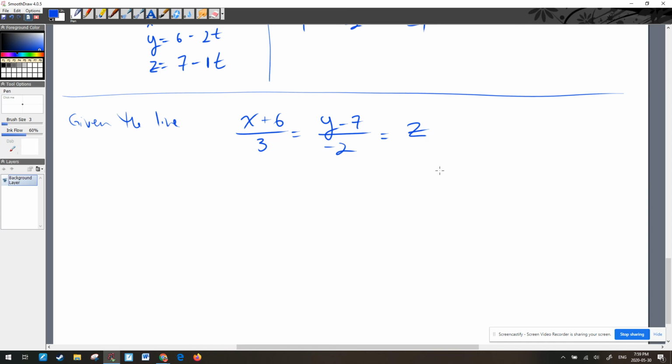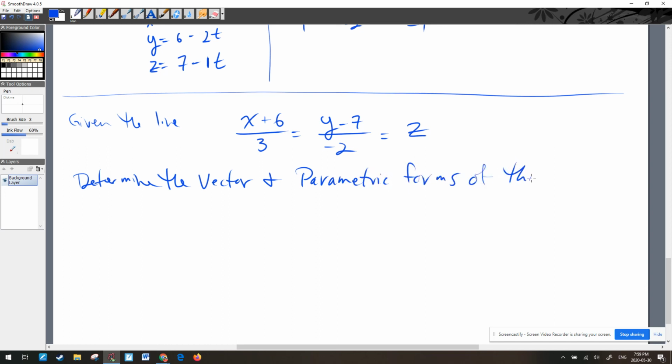So there it is. There's one form. Hopefully you can spot that is the symmetric form. I would like you to determine the vector and parametric forms of this same line, please. Okay, so go ahead, just pause it, give it a whirl, and then come on back.